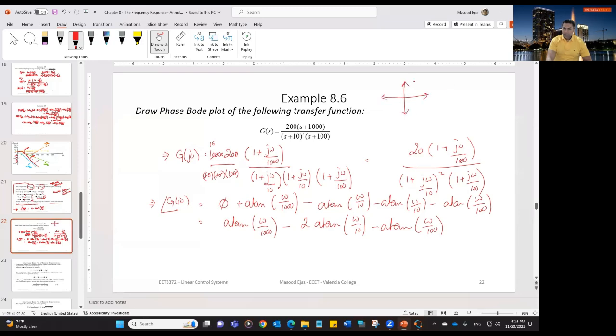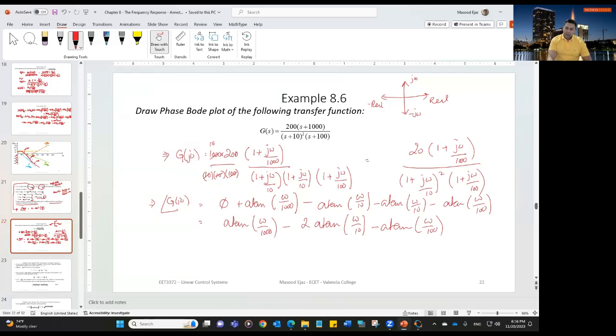So this is the complex plane, j omega, negative j omega, real, and negative real. If it is negative 20, it's going to be on this axis, and that will be 180 degrees from the positive real axis. So you'll have to put down 180 plus arctan omega over 1000 in that case.